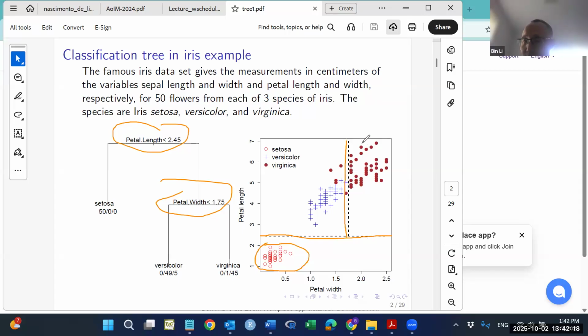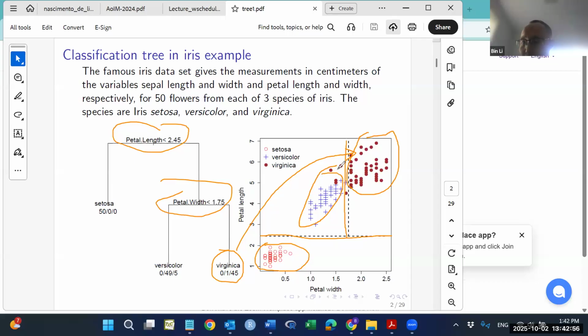That splits the other 2 classes. This is where the petal length is greater than or equal to 2.45 and the petal width is greater than 1.75. So this area corresponds to virginica, and these are the versicolor group.